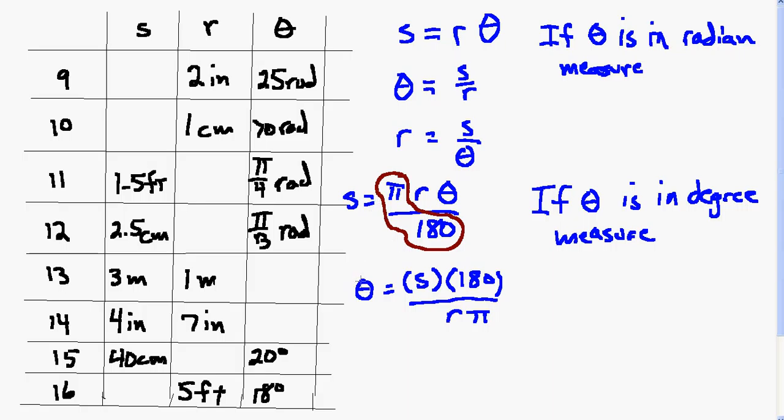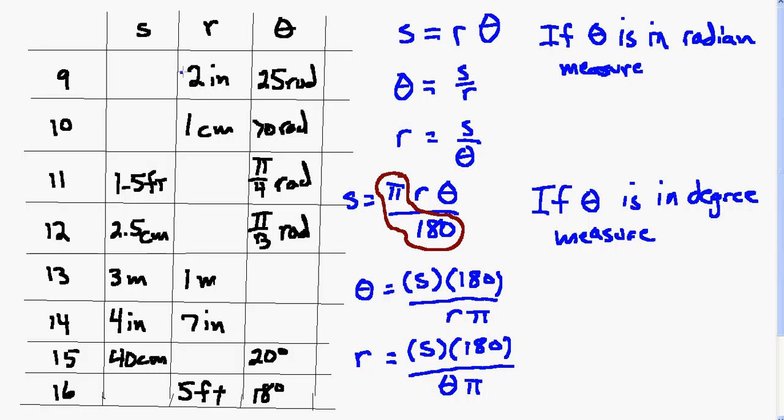So we could say that radius is equal to S times 180, and we're going to divide that by theta pi. So those are the three different formulas we're going to use to fill in the blanks here on 9 through 16.